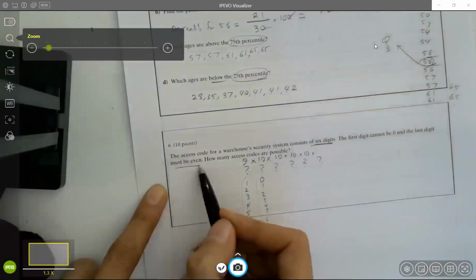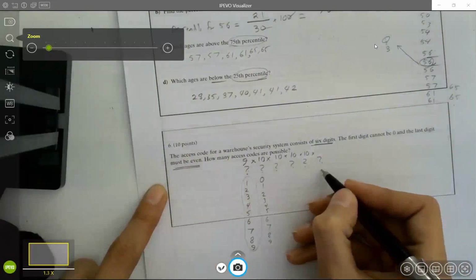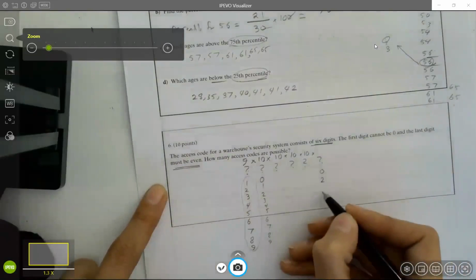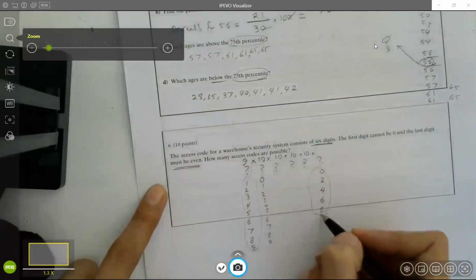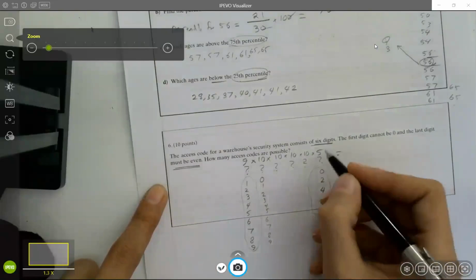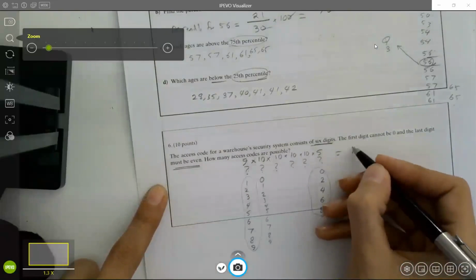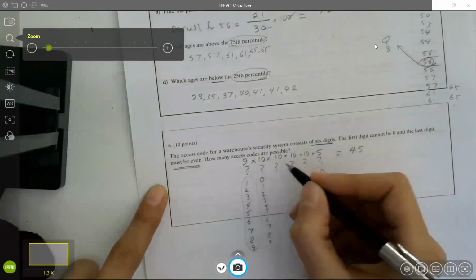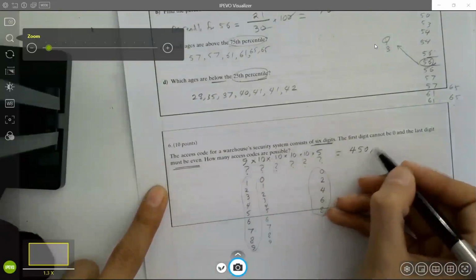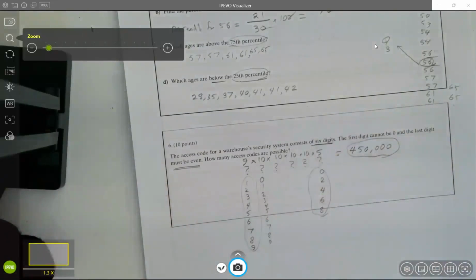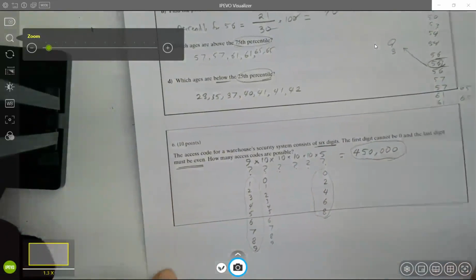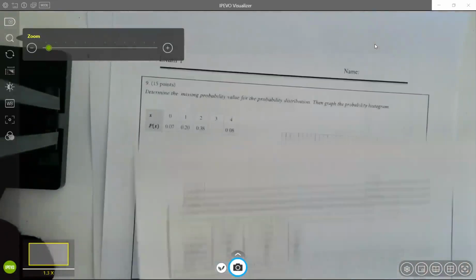It means you have 0, 2, 4, 6, or 8: 5 options. 9 times 5 is 45. How many zeros? 4 zeros. So 450,000 different options. Next page.